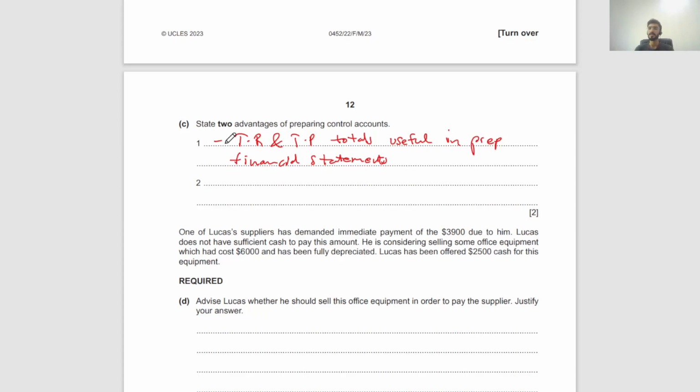Another one we can say is that it helps in locating errors. Because you can essentially reconcile, or you can just say it validates, confirms or reconciles, with sales and purchases ledgers.